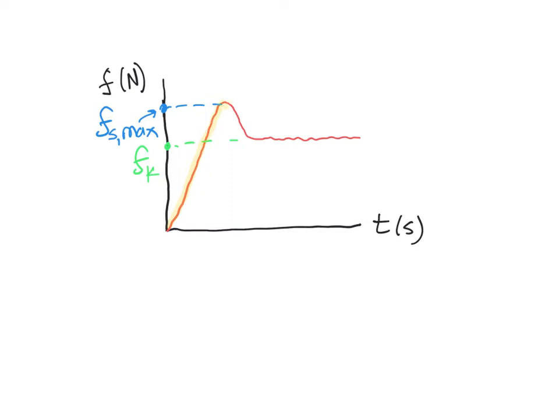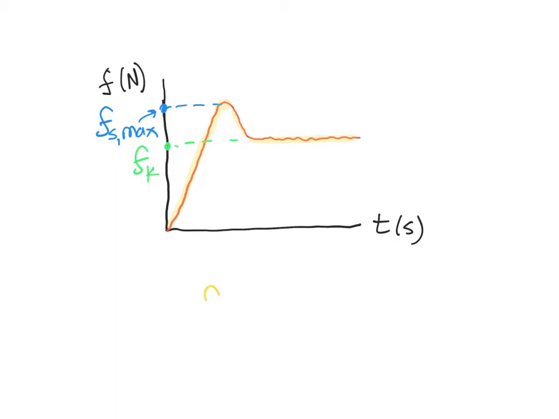And then all of a sudden, the block broke free. That was when static friction was at its maximum, and immediately the force drops down, and it's pretty constant. It was a little bumpy, but it was pretty constant. That's the kinetic force of friction.